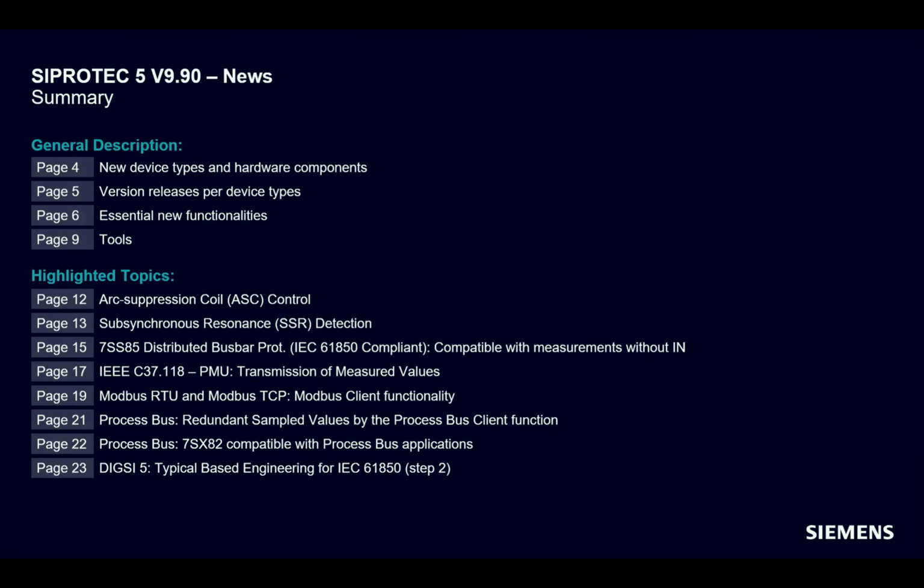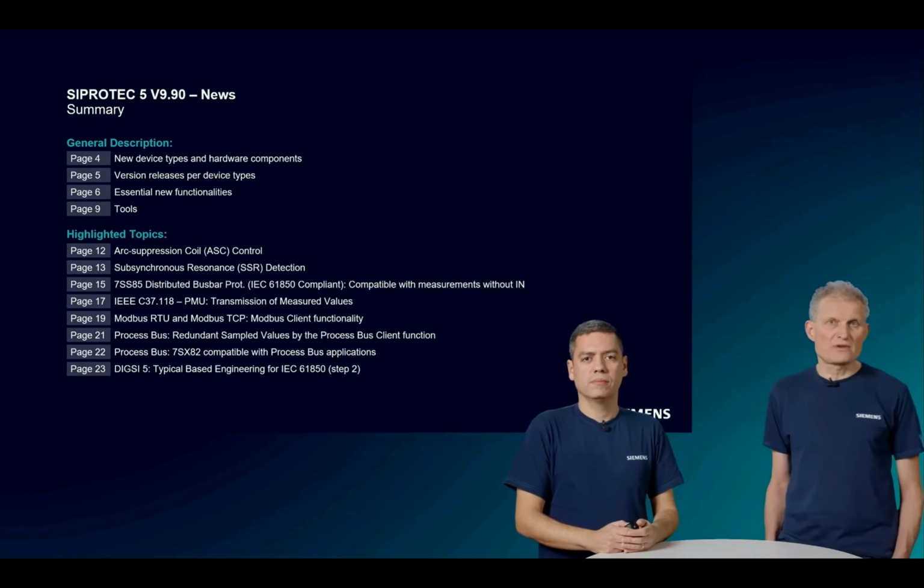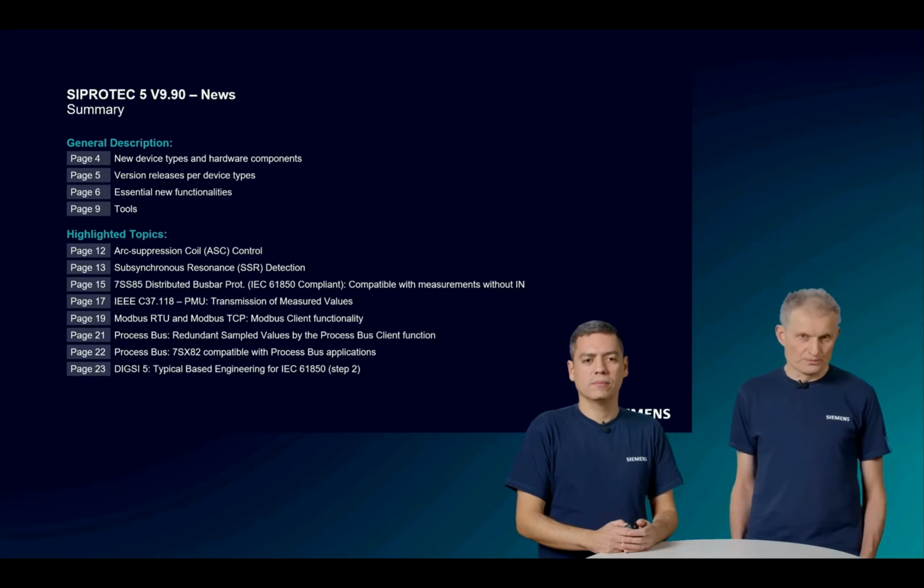For process bus, there are 2 more topics. First of all, the redundant sampled values by the process bus client function and the use of our universal device 7SX82, which is now compatible for process bus applications. And finally, DXC5, the so-called type-based engineering for IEC 61850, step 2.